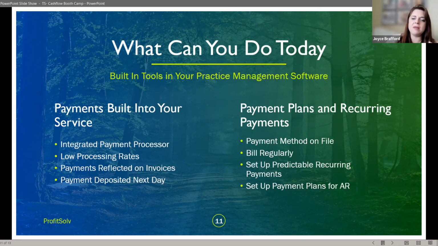You need to have payment methodology on file. You need to bill regularly. Both of those things can be done within TimeSolve. I mean, you can click just a few buttons and within a matter of minutes, send invoices to everyone who has an open account or an open balance with you in TimeSolve. Literally a matter of minutes, you can get that done with a link so someone can pay. The whole goal is to get you to zero AR right now.